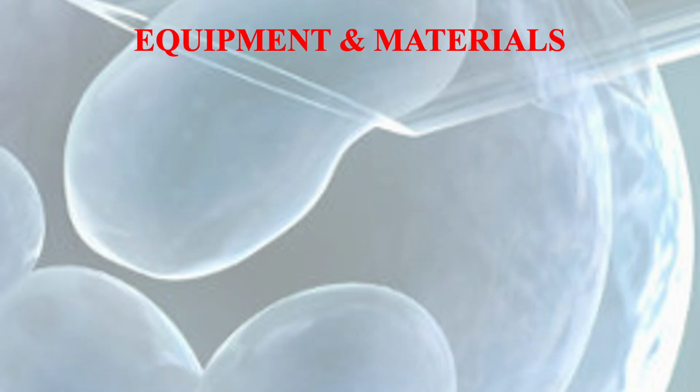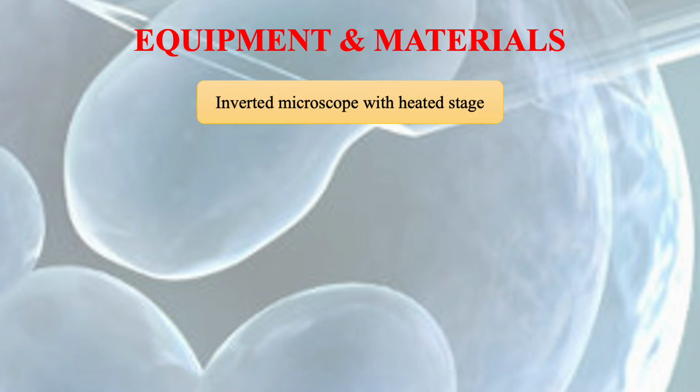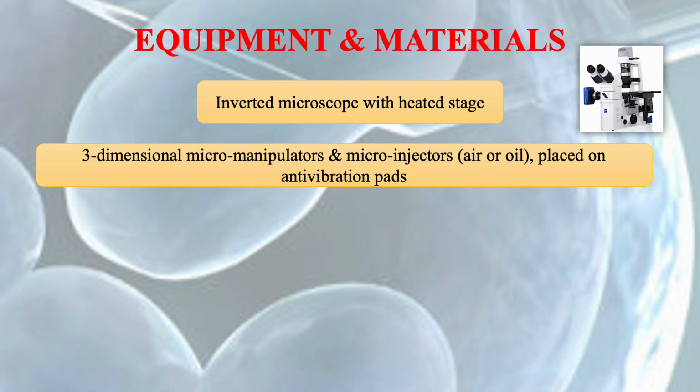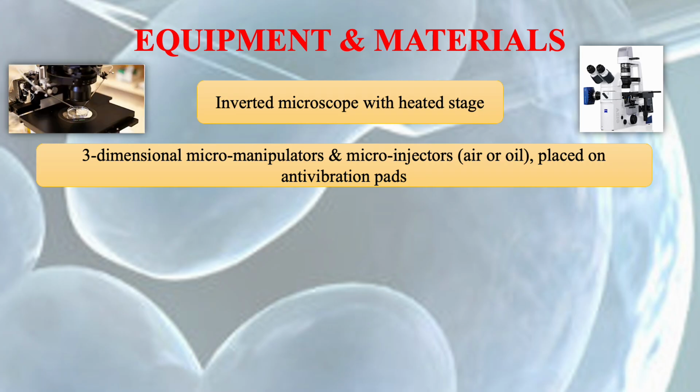Now, what are the equipment and materials which are used for biopsy? First and foremost is the inverted microscope with heated stage. The second thing which is required is a three-dimensional micromanipulator and microinjectors, both air and oil, placed on anti-vibration pads.